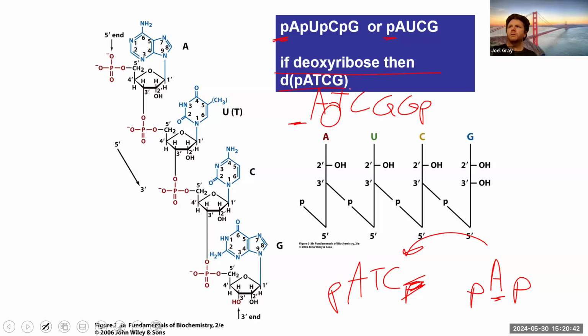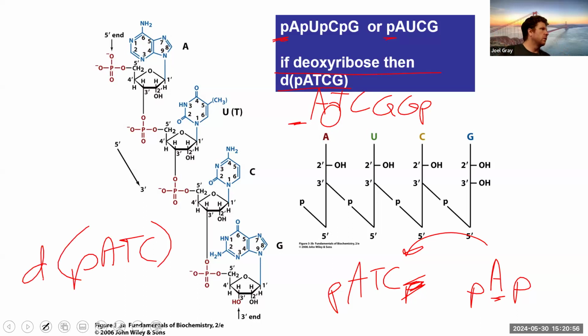Now, the next thing is, if this is a deoxyribonucleotide, well, then we've got to throw that lowercase d in front of our molecule. So if I write PATC, that is an RNA molecule. That is a deoxyribonucleotide. Now, can you get something that's kind of clunky and funky like this?